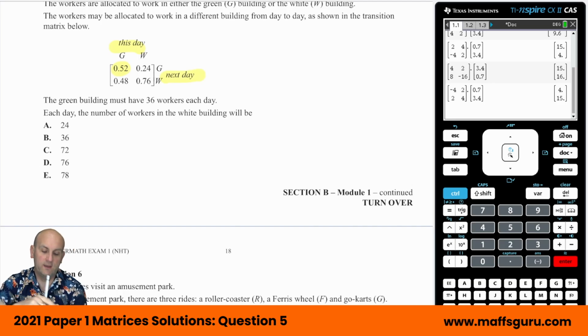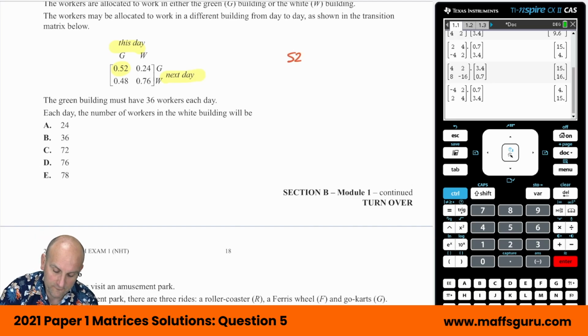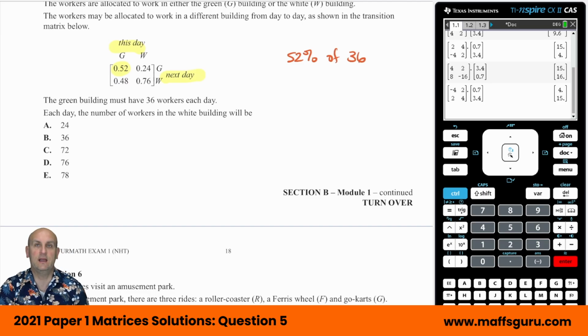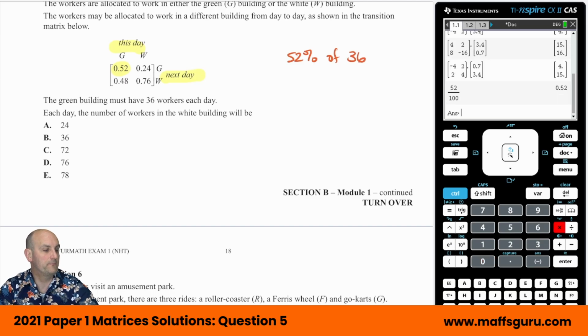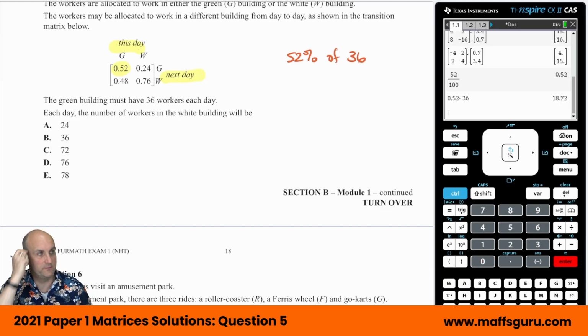So when we go from one day to the next, 52% of them are going to stay. So if I work out 52% of 36, that's going to tell me how many stay. So 52 divided by 100 times by 36 gives me 18.72. They couldn't have made that any more disgusting if they tried, really, could they?